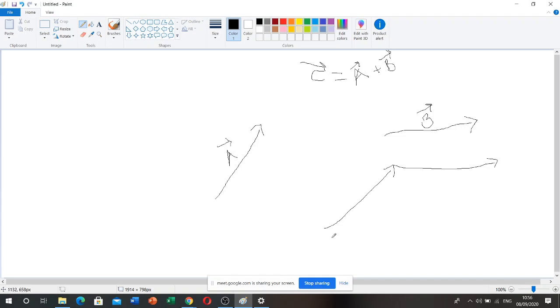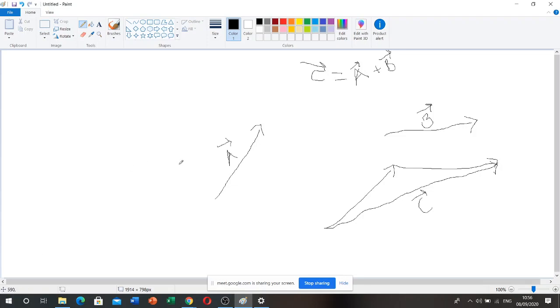I have fixed this vector as it is and I have taken this b vector and moved it to the head of the other vector. The tail of this should join the head of the other one. Now join the origin to the head of the moved vector. So this is c vector, the resultant vector. So this is called the head to tail rule.